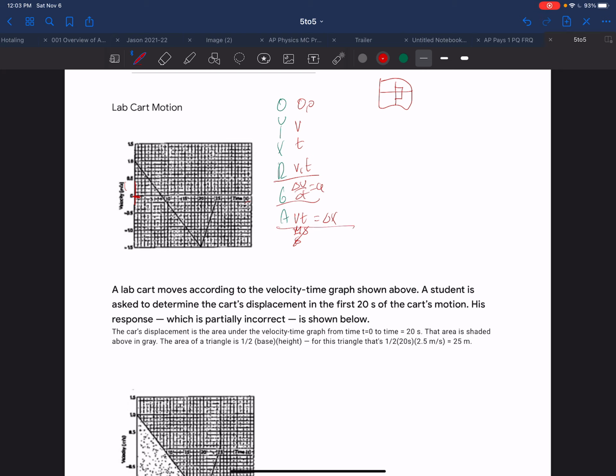In analyzing the graph, what we see happening is we start out with a velocity that's positive, and it decreases to 0. So if we have a number line, we don't know exactly where we're starting, but let's say we did start at 0. When in doubt, start at 0.